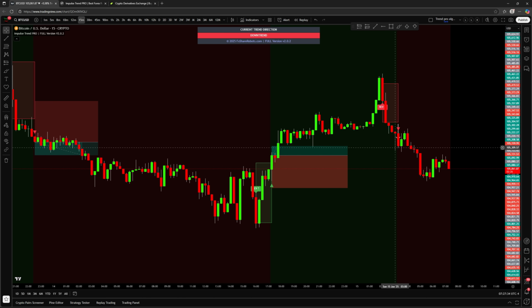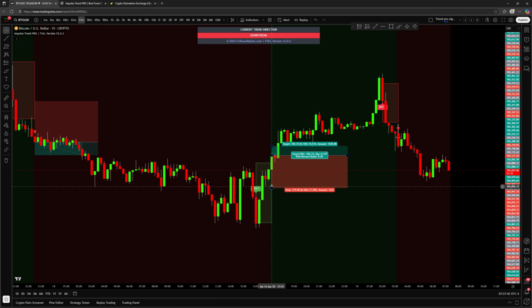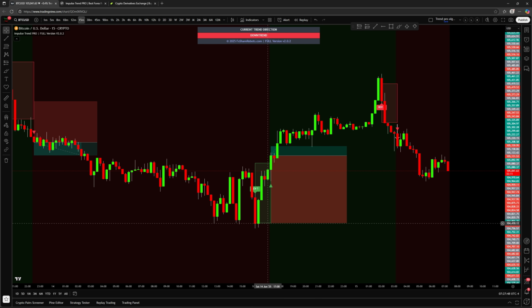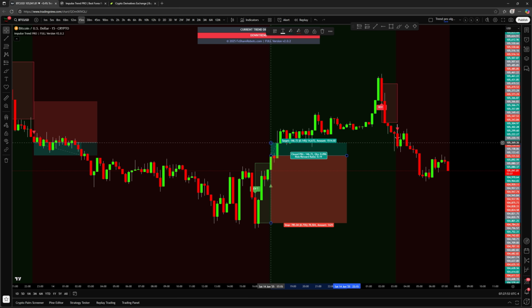Okay, so this reversal box is actually going to be just for the stop loss placement. So if I were to enter a long right here on this green, stop loss would be placed at the green box's lower portion. And then I would just be riding it out until I get a red reversal signal.